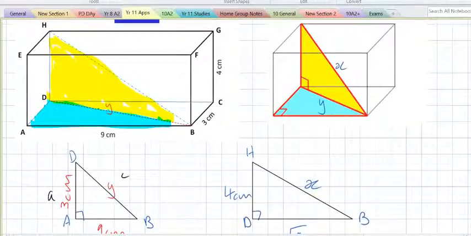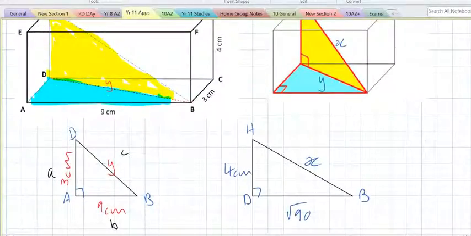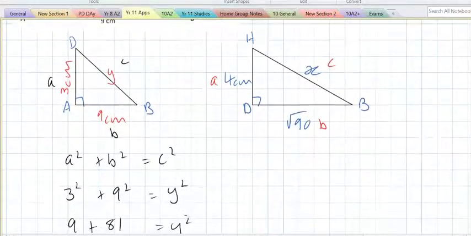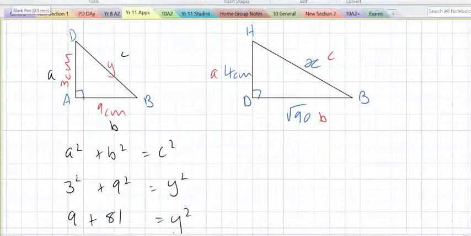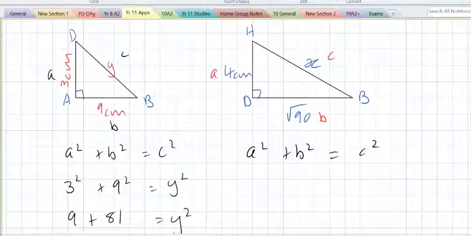So once again, from our three-dimensional image, we pulled out a two-dimensional triangle. And we solve using Pythagoras. A, B, C. Write Pythag: A squared plus B squared equals C squared.